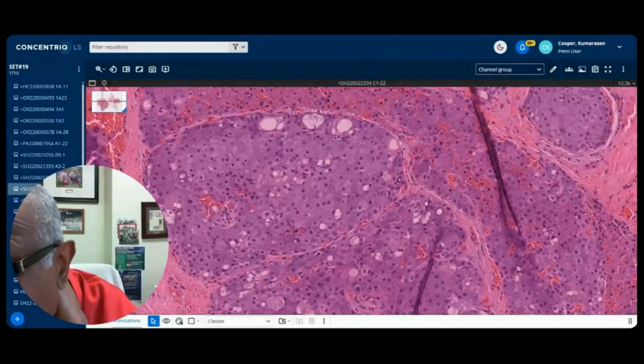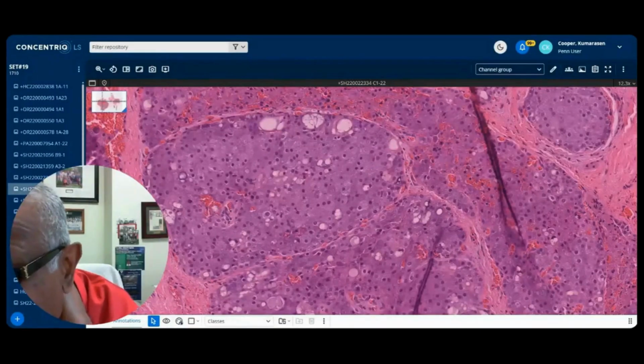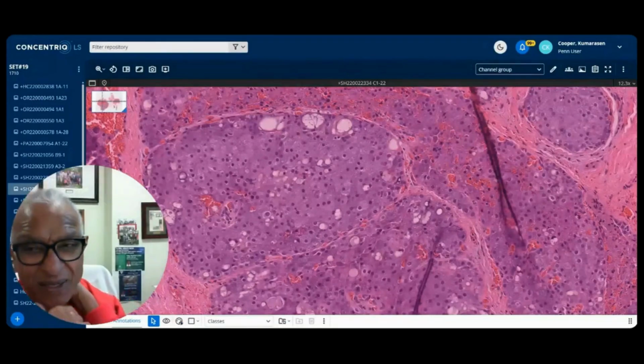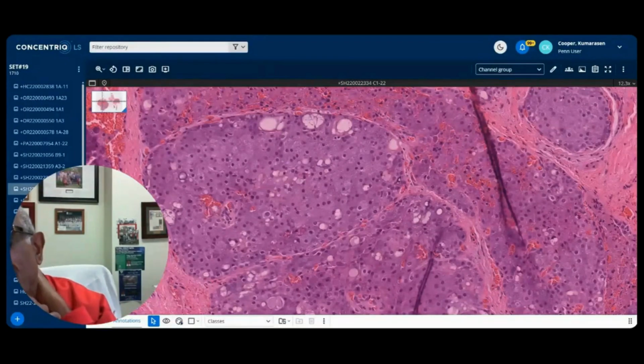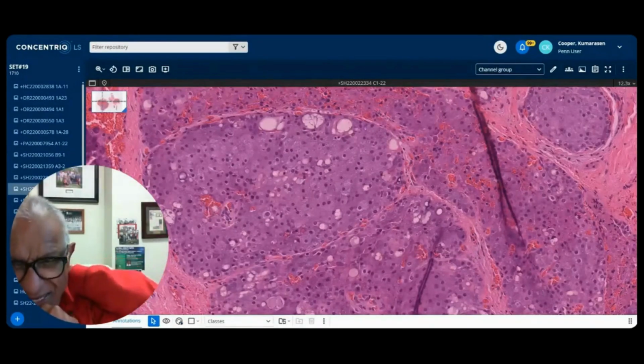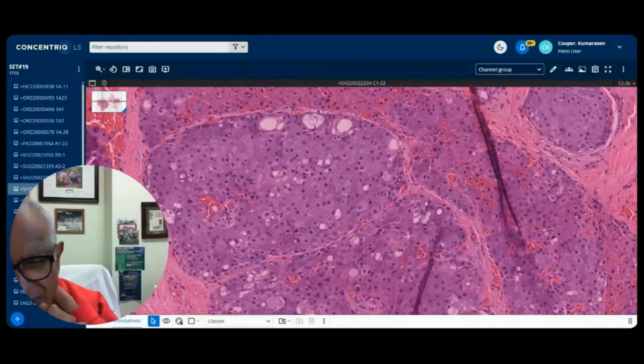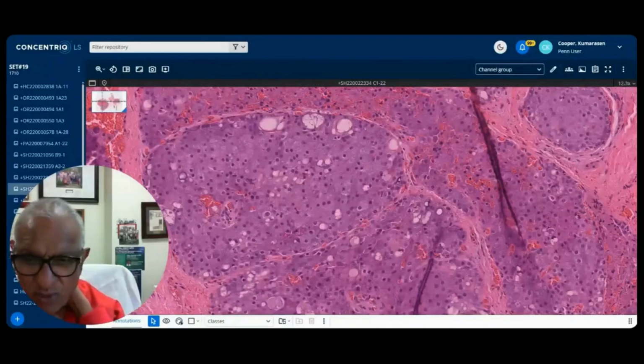Tom says beautiful amphophilic cytoplasm, however NOR negative, so he would go for mucoacinar type MEC. Now, that's the reason I was waiting for Madhu's suggestion of mucoepidermoid. Remember, there's a rare variant of mucoepidermoid carcinoma called the mucoacinar type, where you can get serous type cells within it. So it's useful.